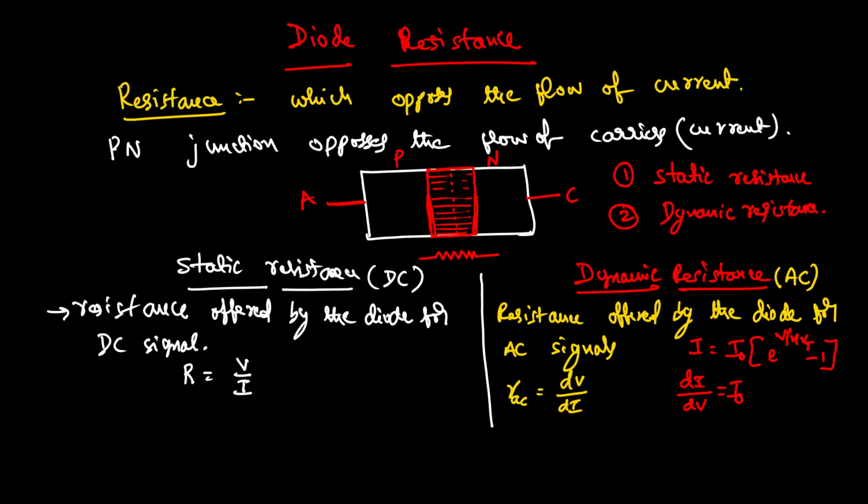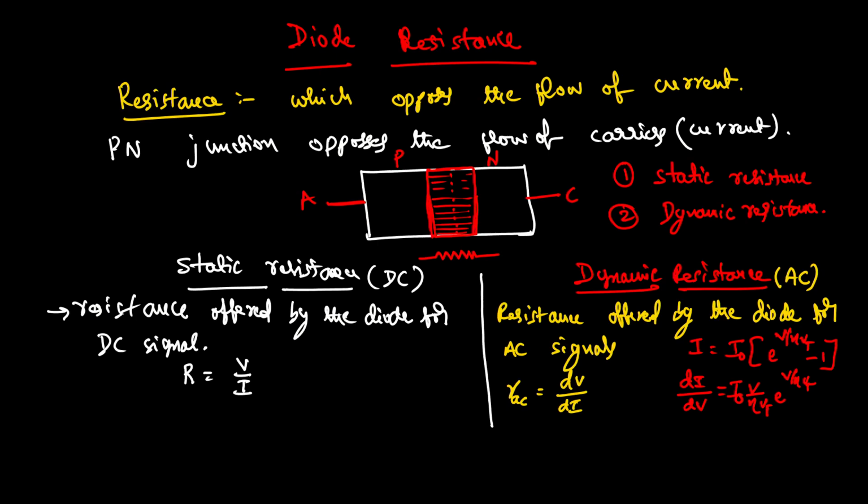Differentiation of e power ax is a into e power ax, so here a is 1 by eta Vt, giving 1 by eta Vt into e to the power of V by eta Vt. Minus I naught: its differentiation is 0, so that is not required. Now the final equation becomes I naught into 1 by eta Vt into e power V by eta Vt.